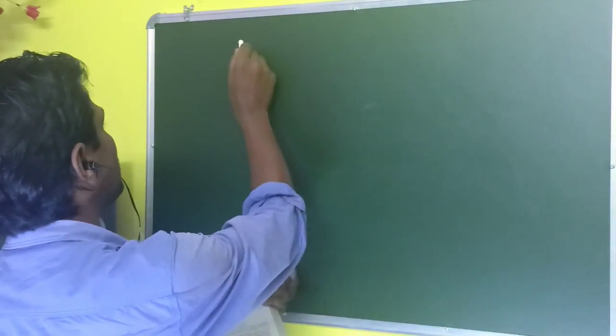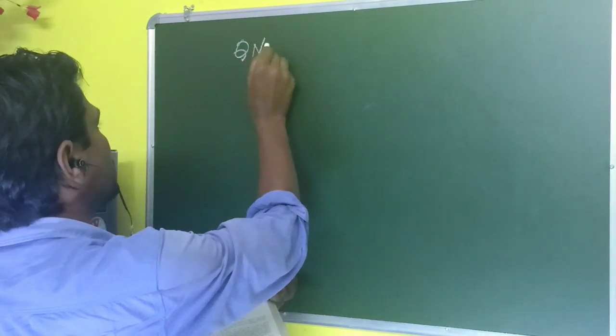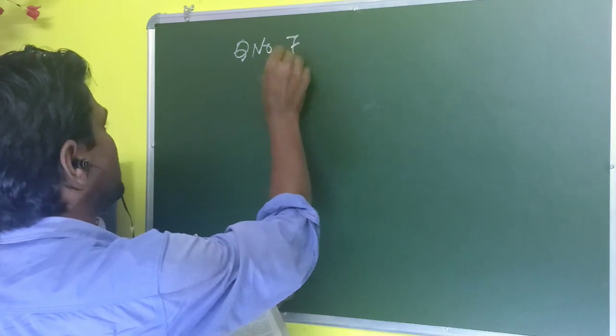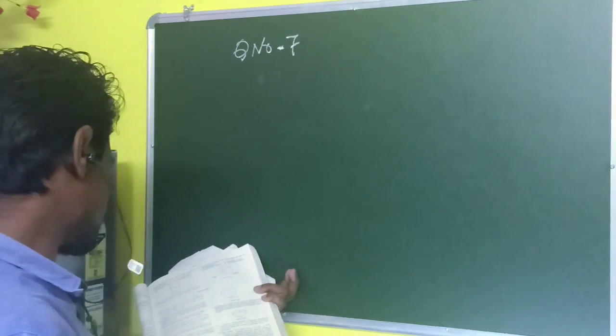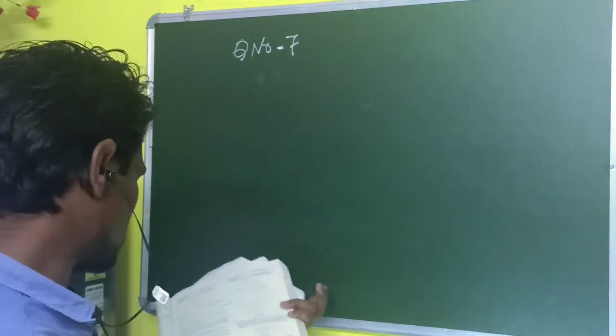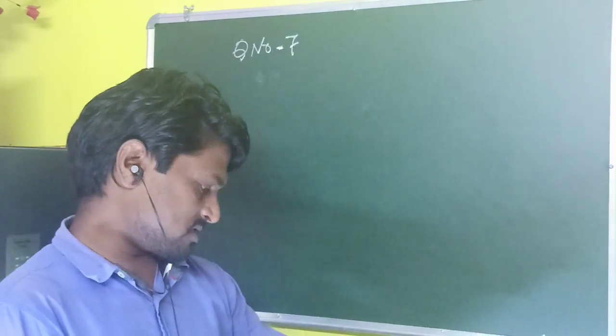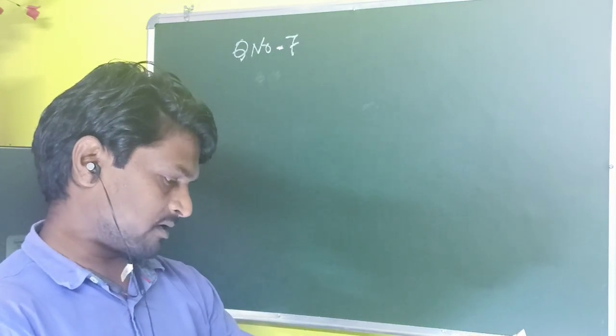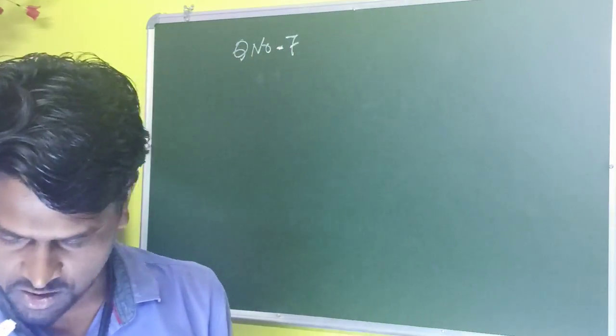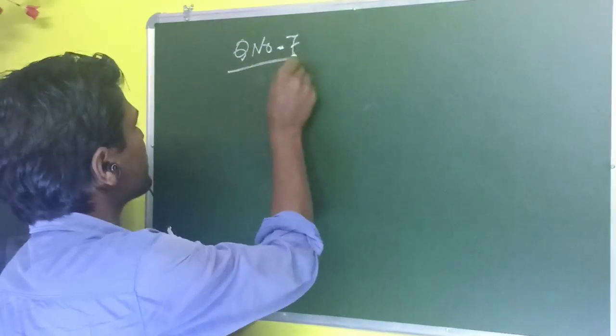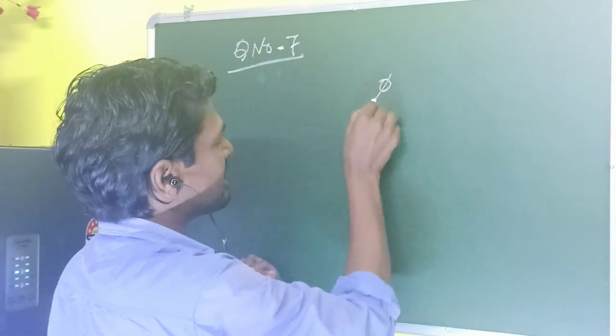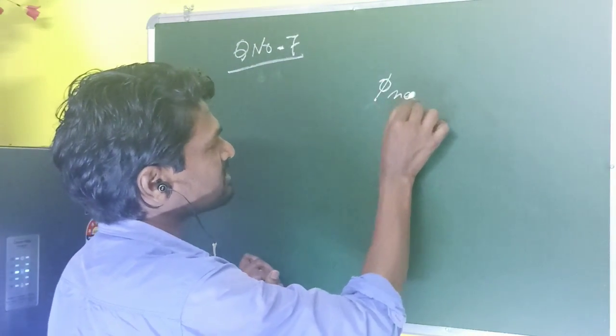Students, when doing these numericals, you have to clear your concepts. Questions 7 to 9 are all related to Gauss's theorem. I repeat, Gauss's theorem states that phi is the net flux.